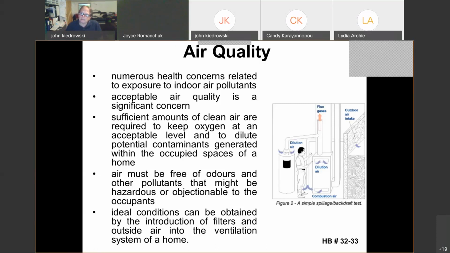The problem with that system is, what do you do in the winter? We have freezing cold air coming into our house. How do we temper it? That's where the HRV is really the piece of equipment to go with. This system in the diagram is certainly not that expensive, but it creates other issues.